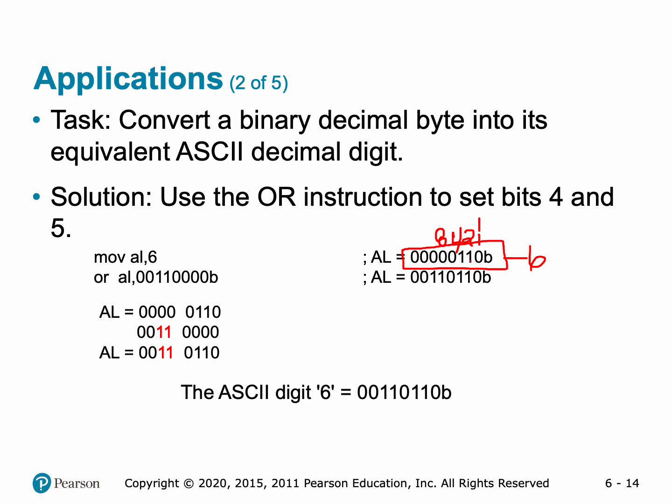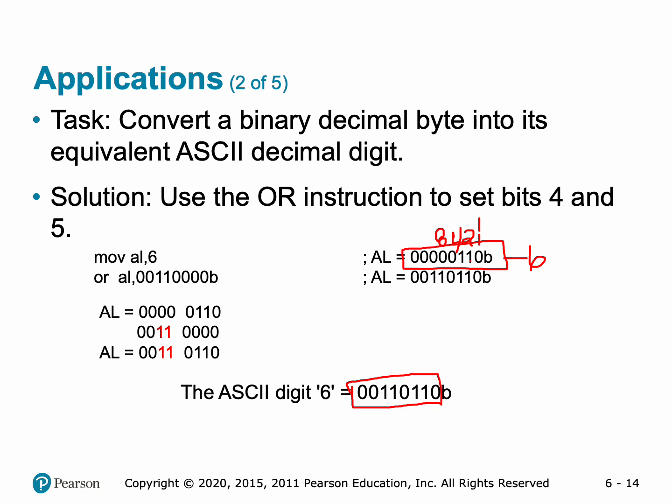So this is the decimal value in binary, but in the ASCII table, this is the binary number for the digit 6, because in the ASCII table, it's not the decimal 6, but the character 6. Which is two different things.